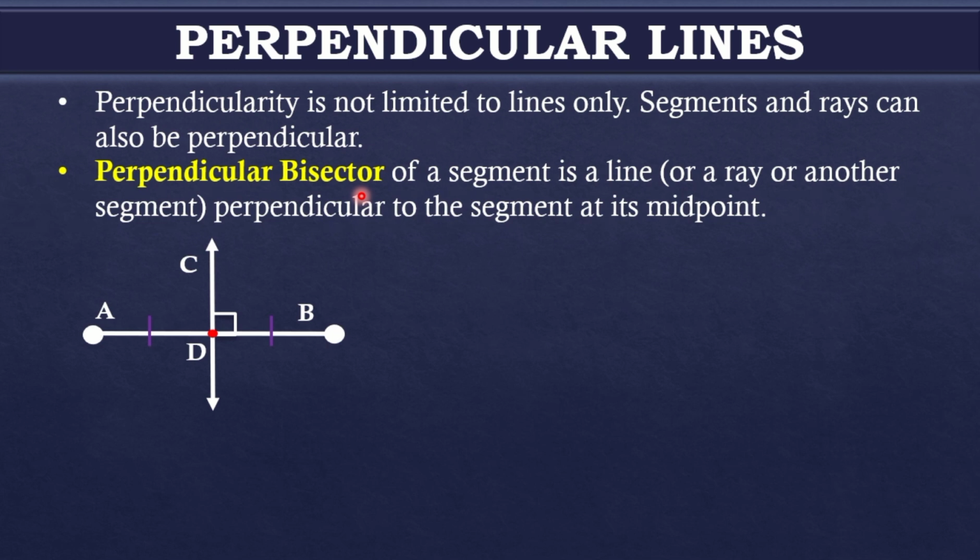Okay? So, etong example na to, so dito, CD is perpendicular to AB. So, perpendicular lang siya kasi nag-form lang siya ng right angle. Okay? But in this figure, CD is the perpendicular bisector of segment AB.